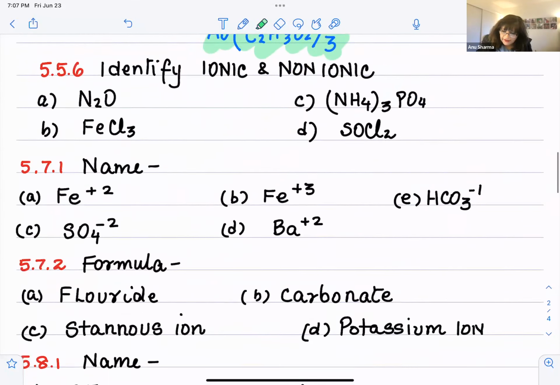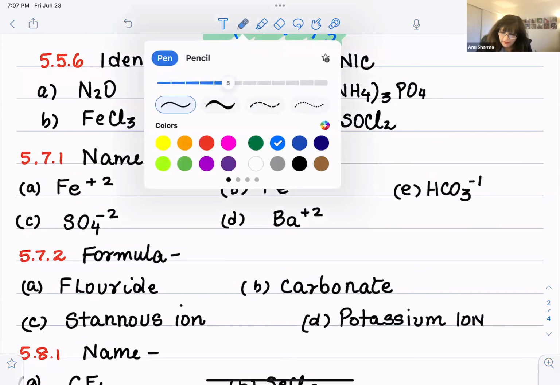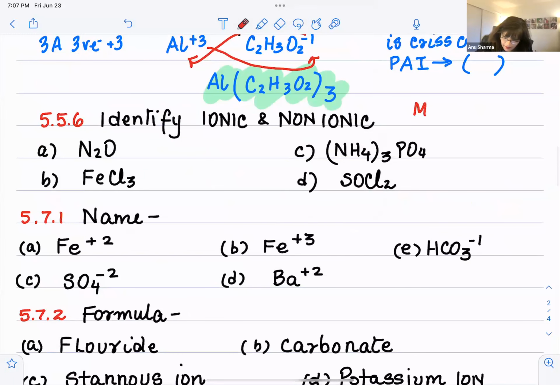Next is identify ionic and non-ionic. Now, remember, ionic compounds always have a metal. So you should recognize a metal and a non-metal, or a metal with a polyatomic ion.